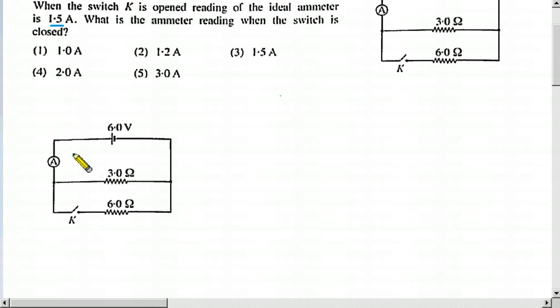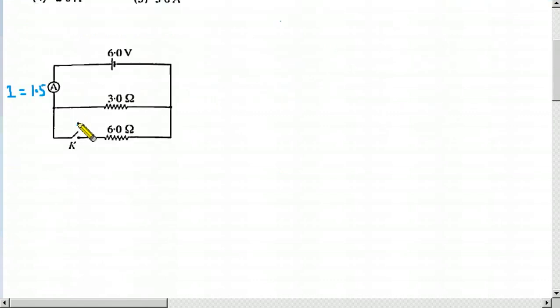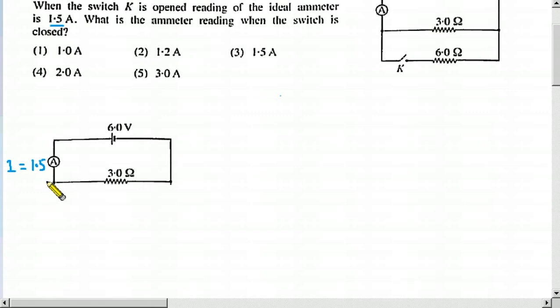So in this circuit the current is 1.5 ampere when the switch is opened. Now it is open, so there is no current here, so this resistor is useless, therefore I remove it. So the circuit is like this, the simplified form.